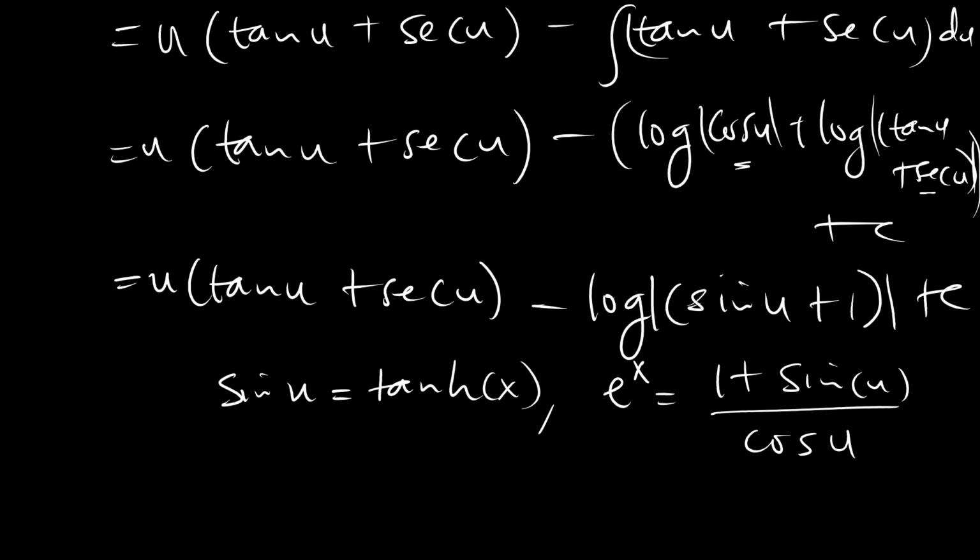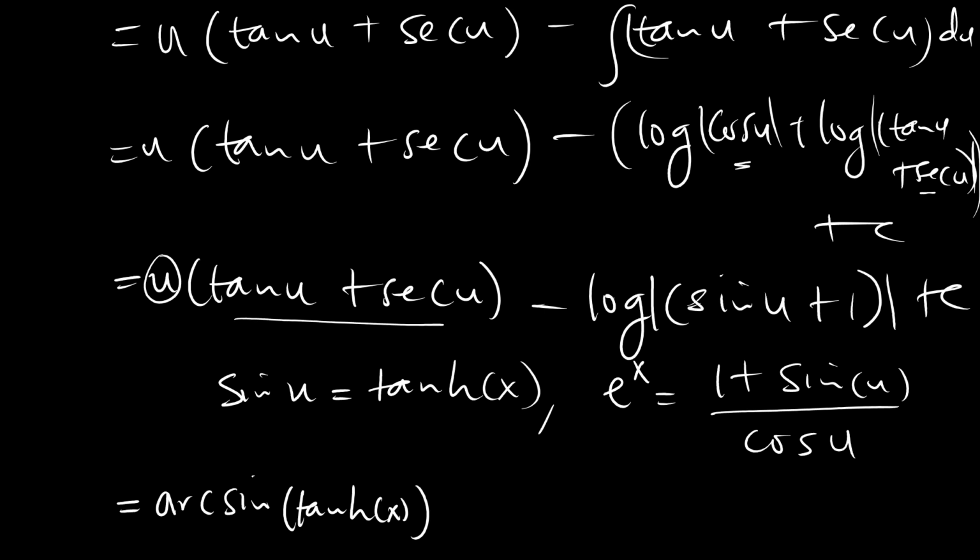In other words, tangent of u plus secant of u. So this u here becomes arc sine of hyperbolic tangent of x, and this here becomes e to the x.